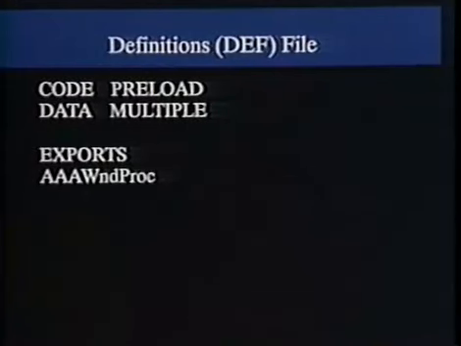In this example, we show that we are exporting our window proc that is going to be used by the Windows Presentation Manager system, which makes it callable from the outside. We will also later on show an example where we have some imports, where we will list the functions from, say, a library that we want to be able to call from within our code.